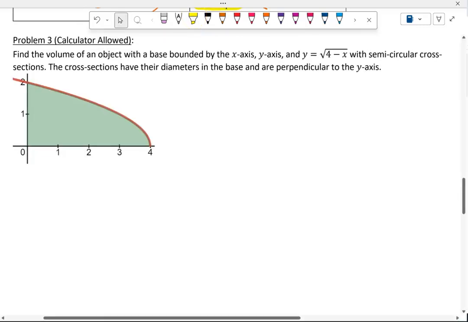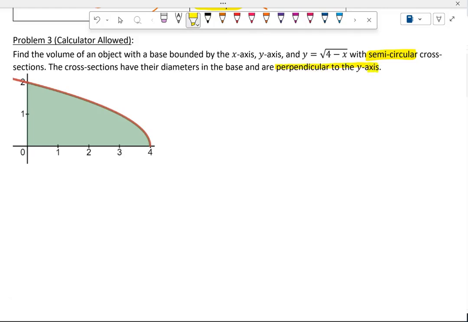So we have an object. The base of the object is bound by the x-axis, y-axis, and y equals square root of 4 minus x. What is our cross-section shape? All right, so we have that area formula up above. And what are we in terms of?